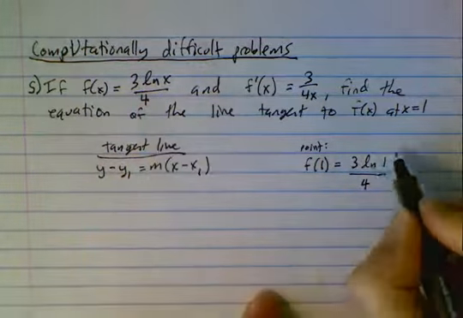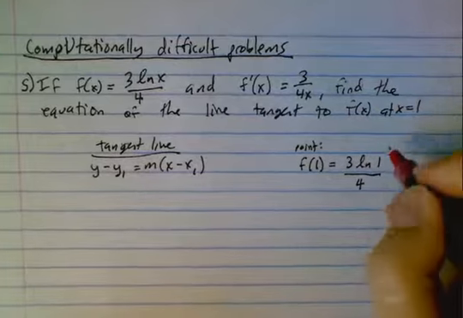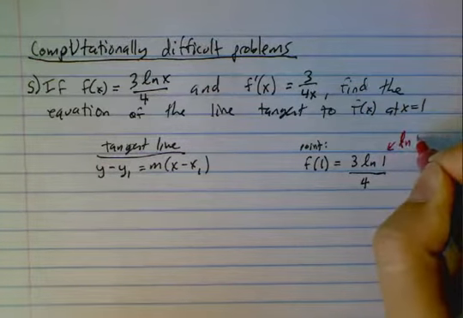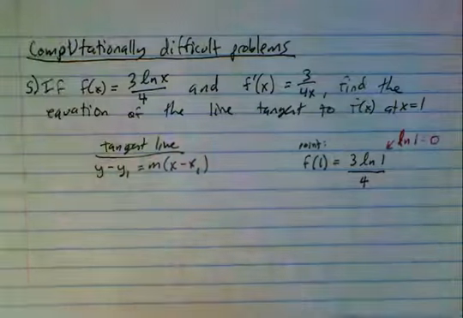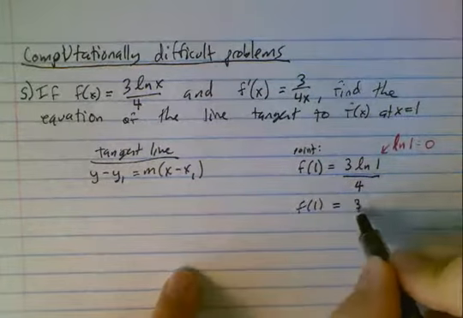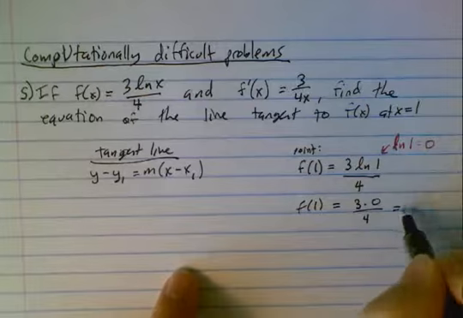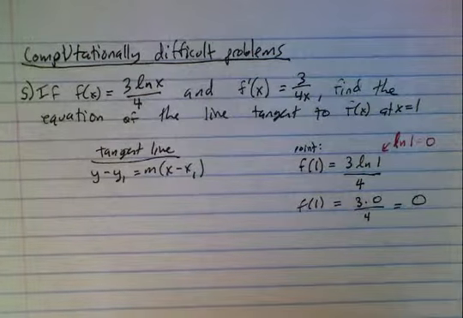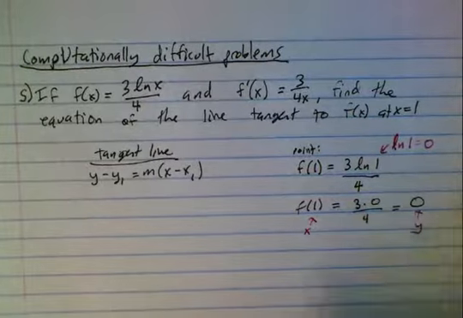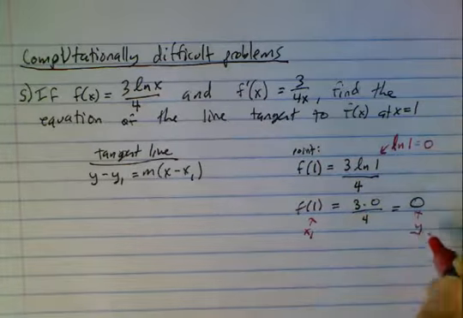The key thing here is to note natural log of 1 equals 0. That's just got to be memorized. So that's 3 times 0 over 4, or 0. So that means we have a point. X is 1, y is 0. Actually, I guess this is x1, this is y1.